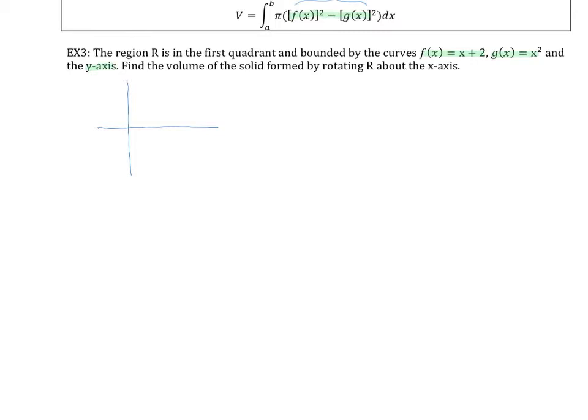Now we don't actually have to have that word y-axis in there because we already know it's in the first quadrant. So the f of x equals x plus 2 is going to be a line. I don't really care about what the line is in the second quadrant. I'm only concerned with the first quadrant. G of x is just a parabola opening upward with the vertex at the origin. So it's going to look like this.